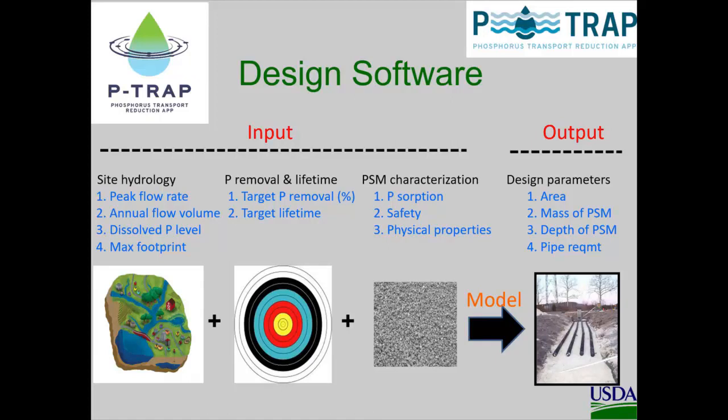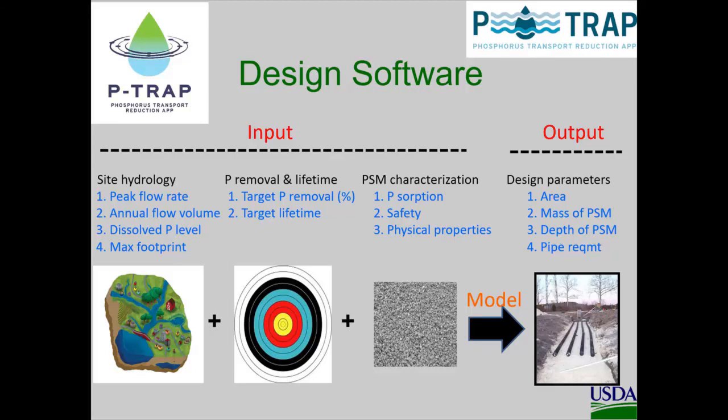As a user, you have to make a decision on what size area you're willing to sacrifice to build these things. As a user, you have to choose a target. So don't ask me, how much P will they remove and how long will they last? Okay, you choose that as a user. It's an engineered unit. So you choose what percentage of phosphorus you want to remove over a given lifetime.